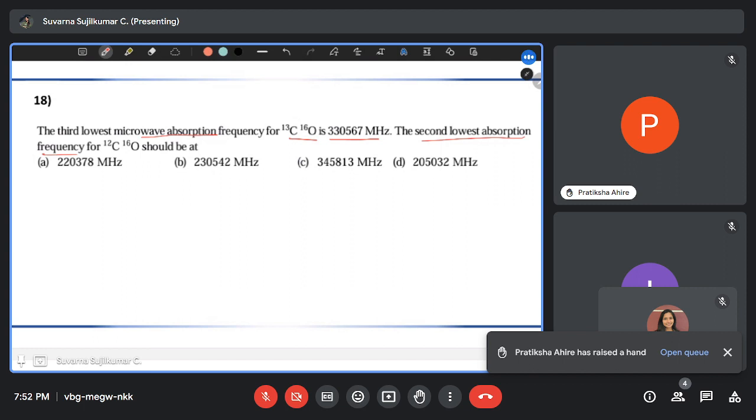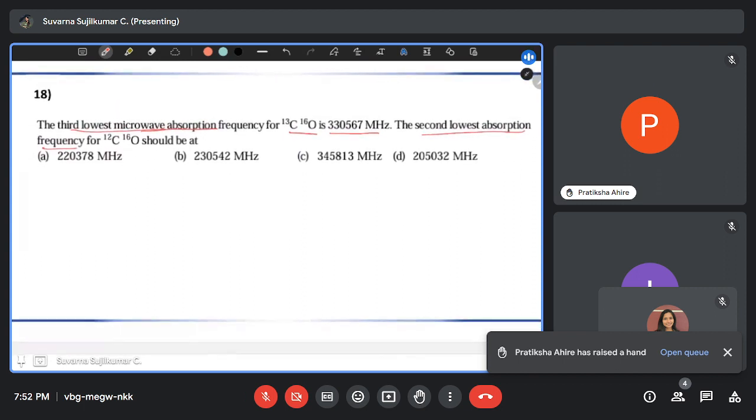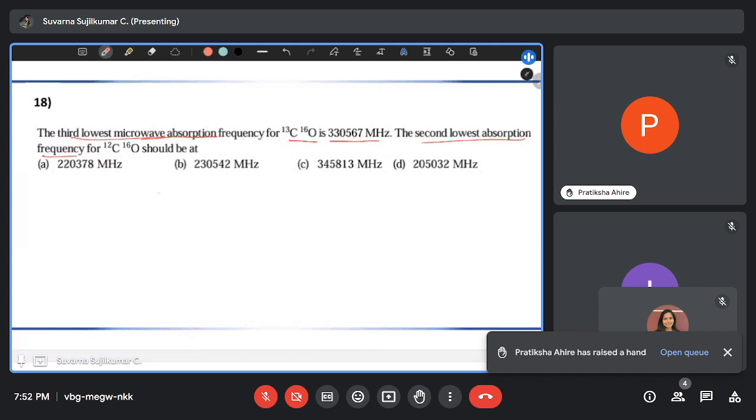How will we think? Okay, let me put it together. Here it is mentioned the third lowest microwave absorption. In the microwave absorption spectra, the third lowest absorption frequency is at the 6B position.